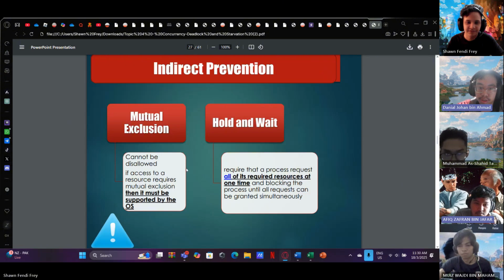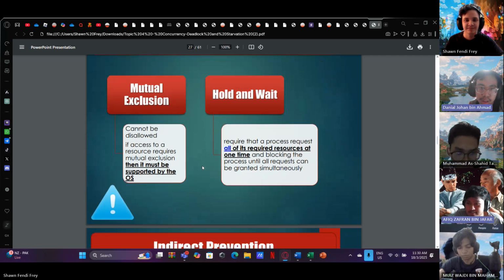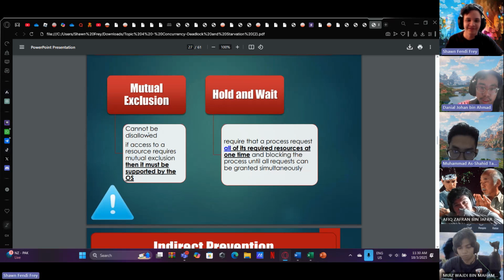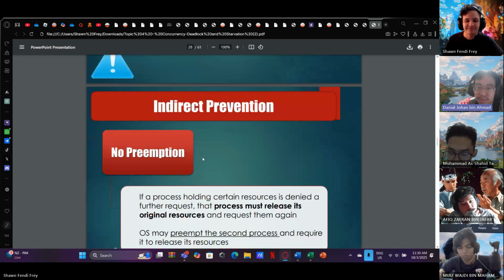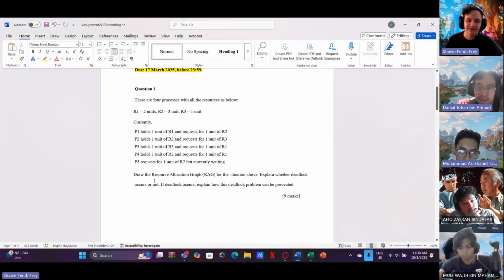If the resource requires mutual exclusion, then it must be supported by the operating system. Are we done with this question? Anybody wants to add anything before we move on?